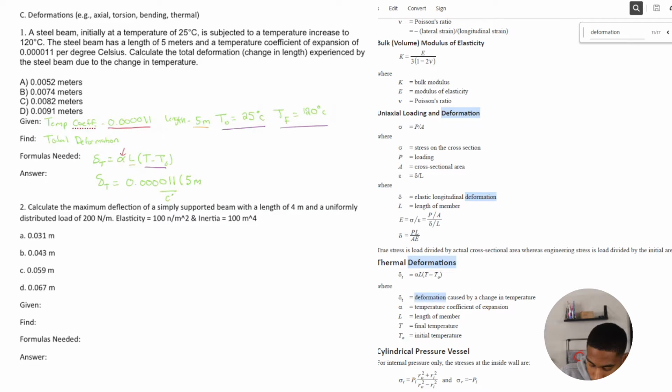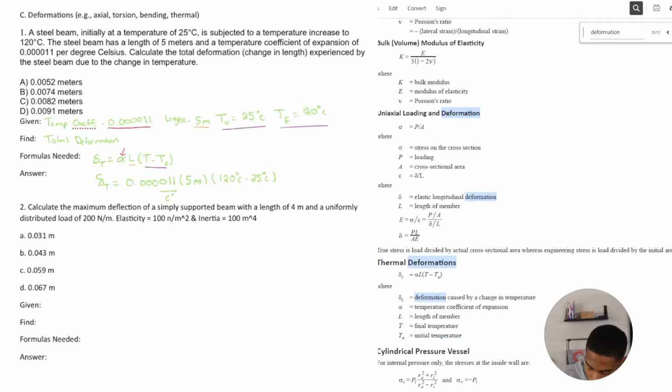It's important to note the units of this coefficient. The coefficient of expansion is per degree Celsius. So, times my 5 meters times my 120 degrees Celsius minus the 25 degrees Celsius.